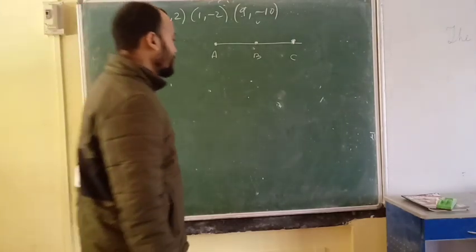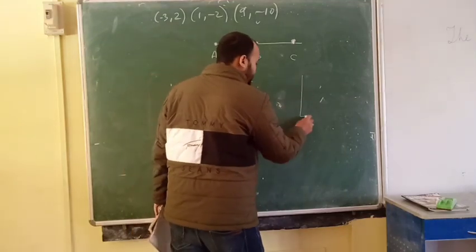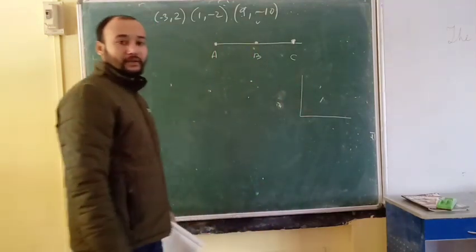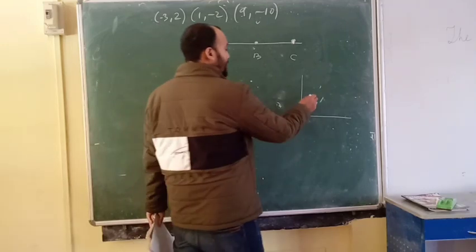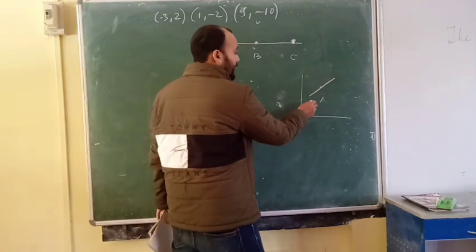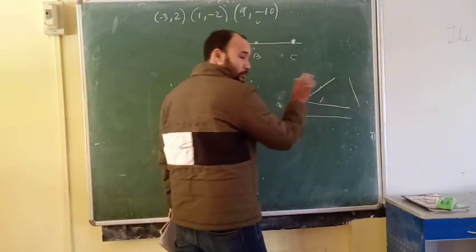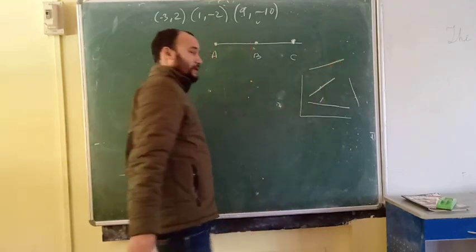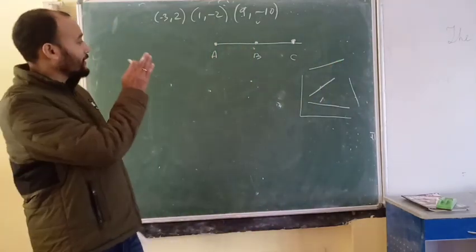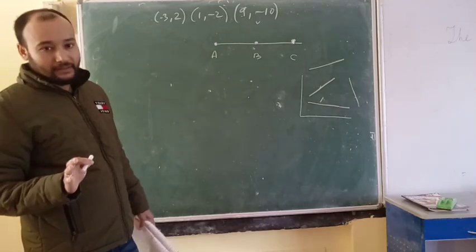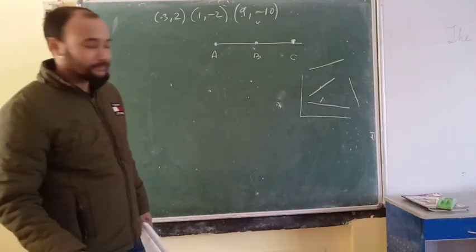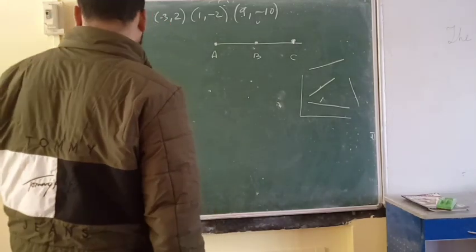If I plot this in a graph and the 3 points lie this way, they are also collinear. This way, they are also collinear. Anyway, the 3 points have to remain on the line.